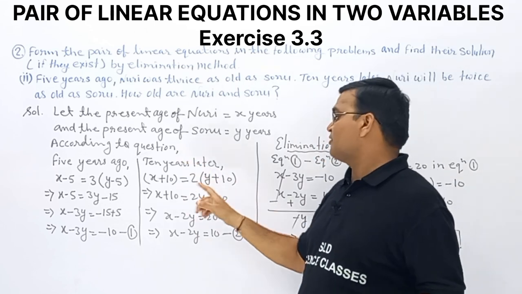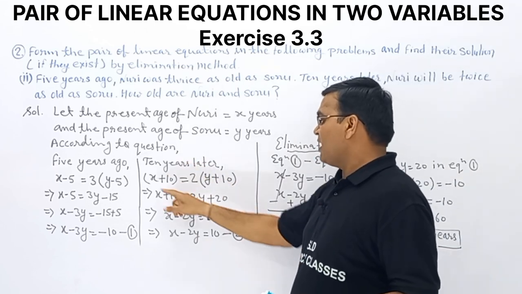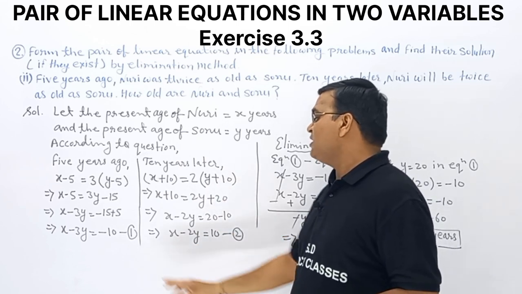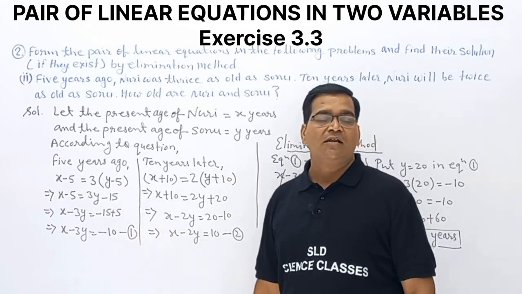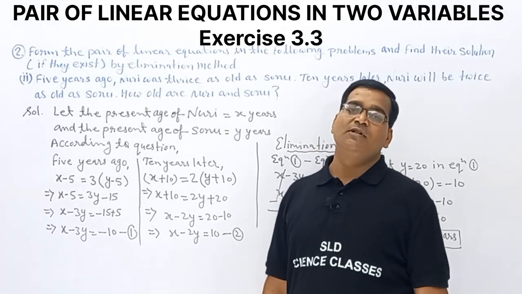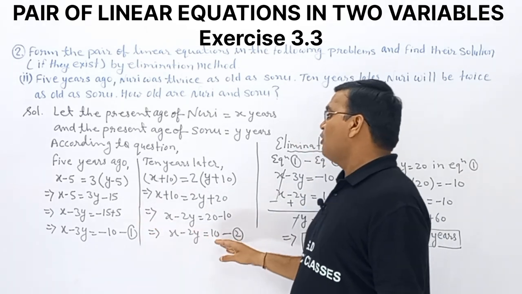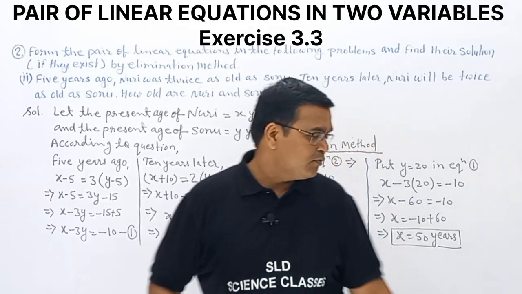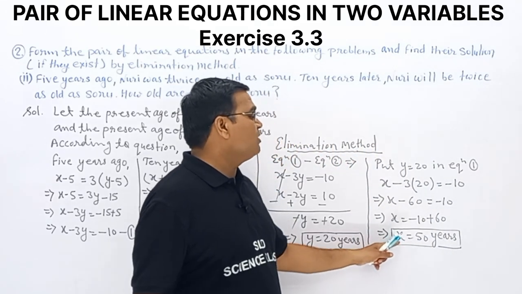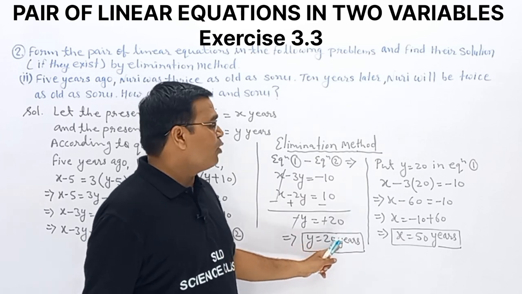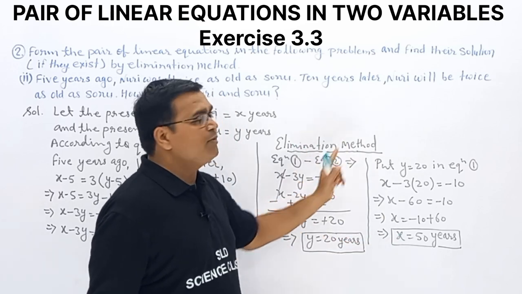When? 10 years later. So we use y plus 10. We solve and find this linear equation in two variables. So equation 1 and equation 2 are a pair of linear equations in two variables, and we obtained the solution: the present age of Nuri is 50 years and the present age of Sonu is 20 years. We obtained this solution by using the elimination method.